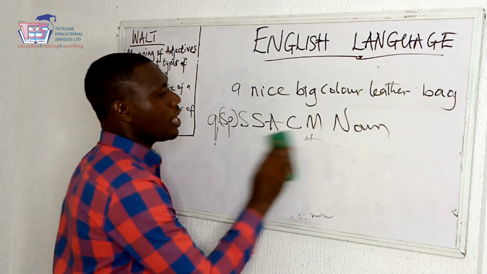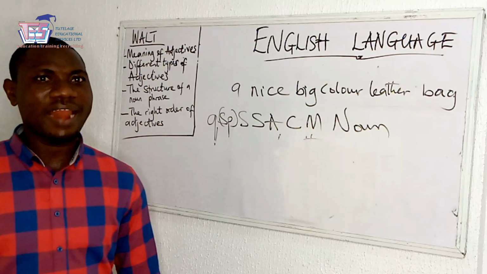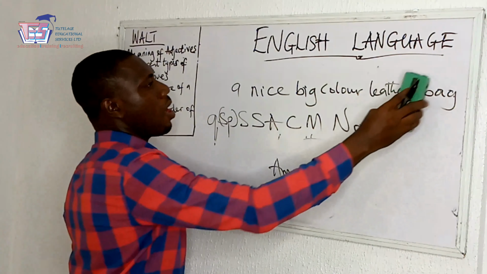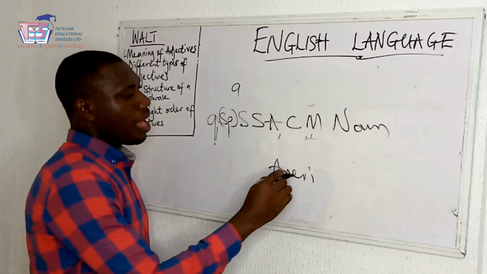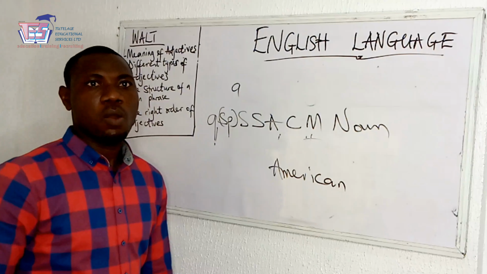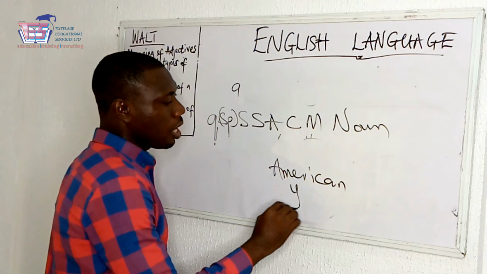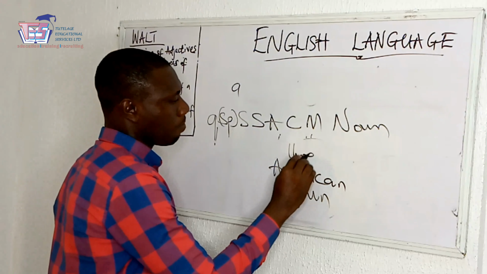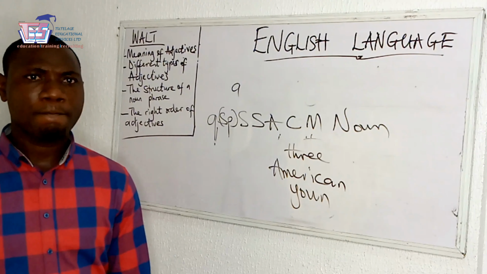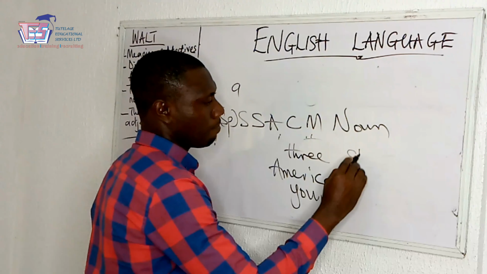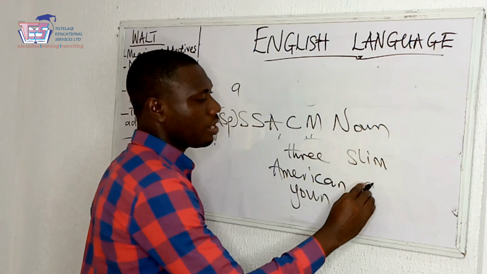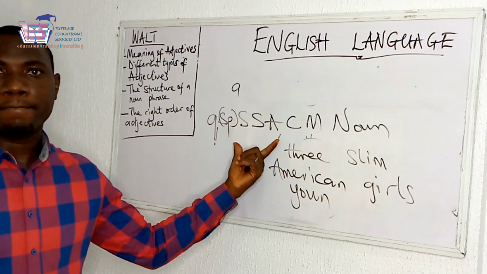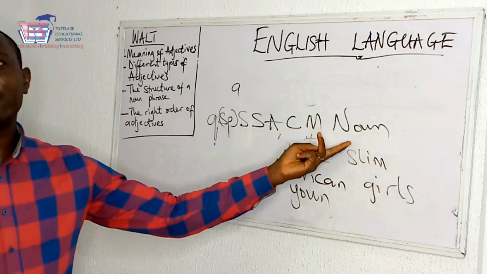The next one, very quickly, we have words like American, young, three, slim, and girls. So in a very simple way, I'll just use my key.